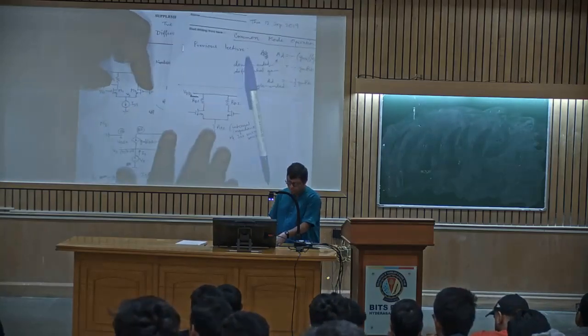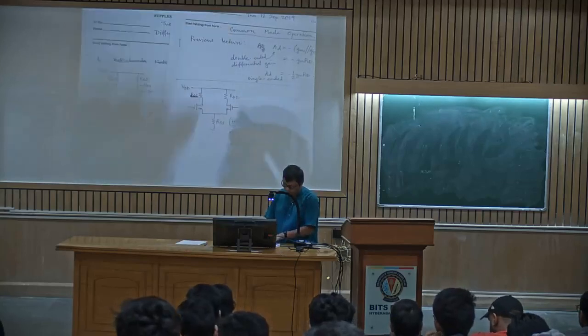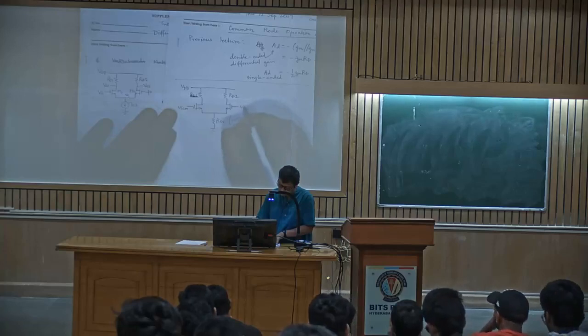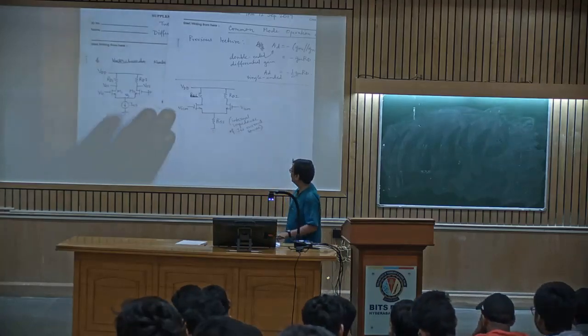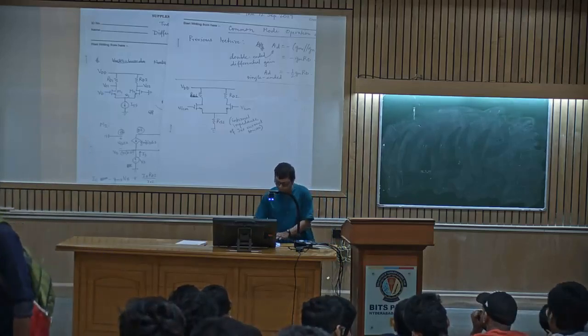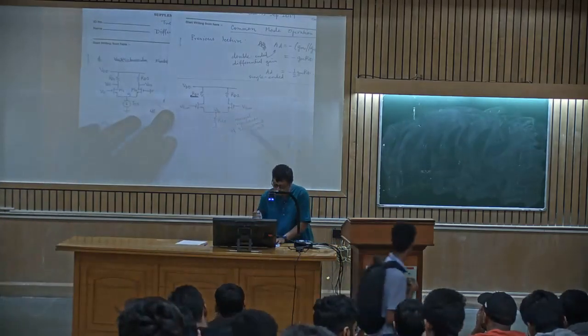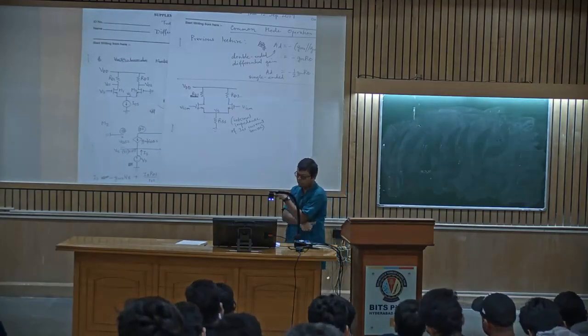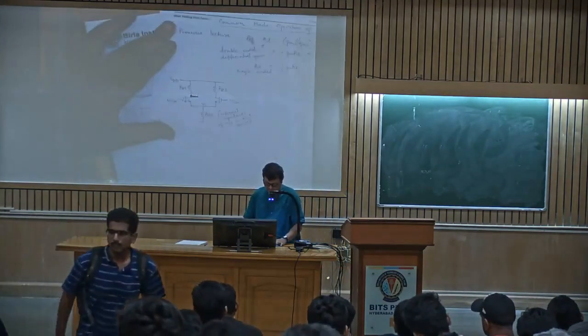Today's lecture, common mode में क्या करेंगे? We are going to short them. So this is VICM, input common mode, VICM, input common mode. Okay. Let us call this VS again. Okay. Then what happens?